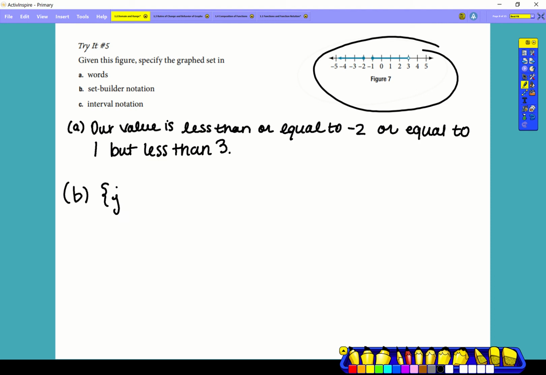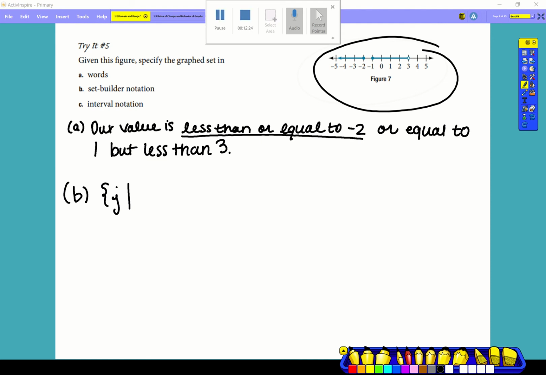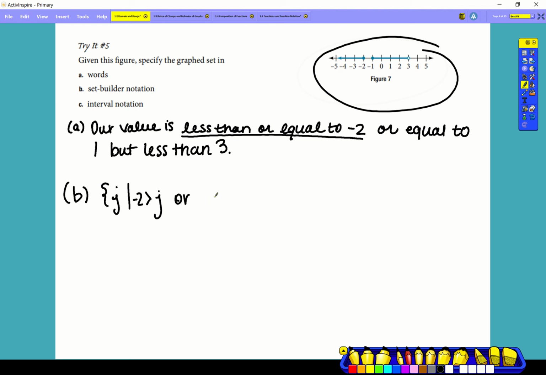We'll go with J. So J such that J is less than or equal to negative 2, or J is greater than or equal to 1 and less than 3.